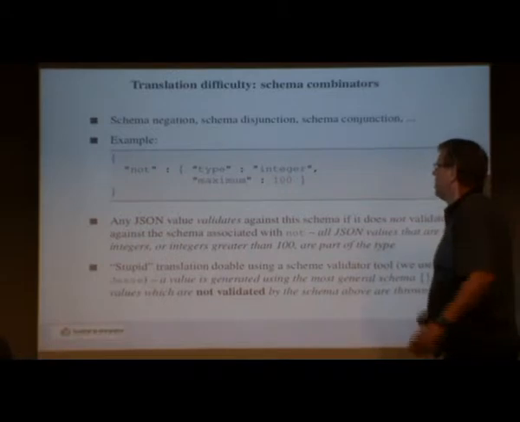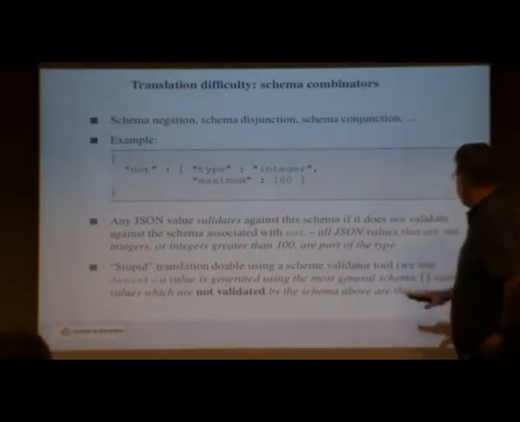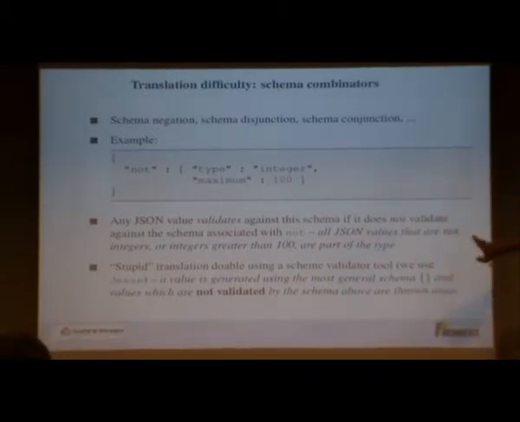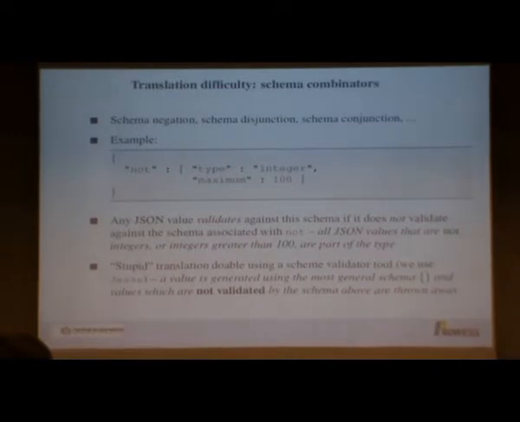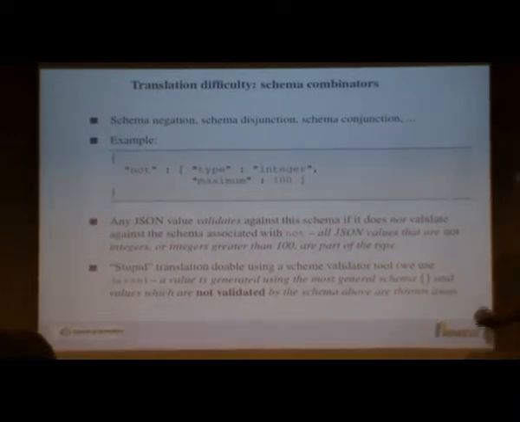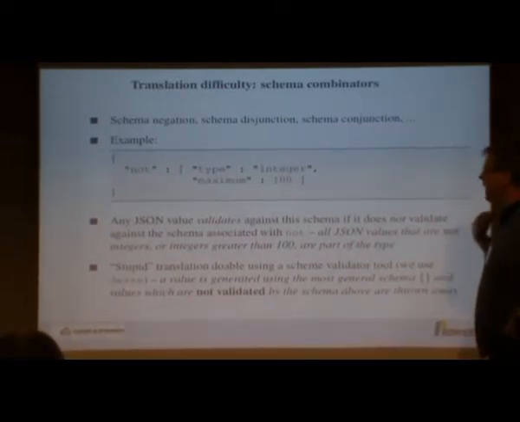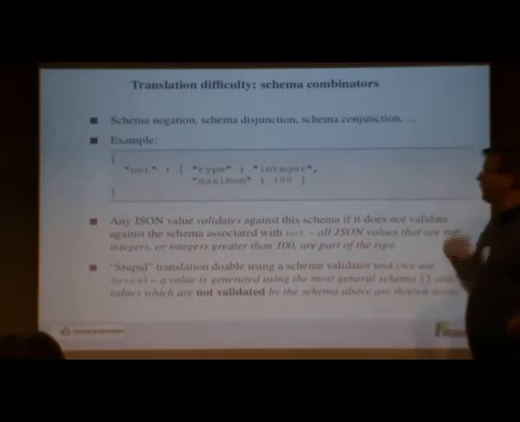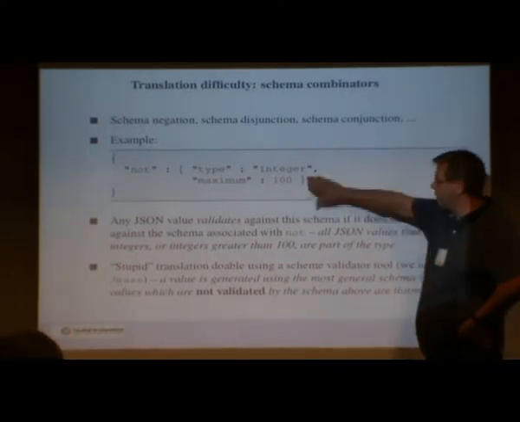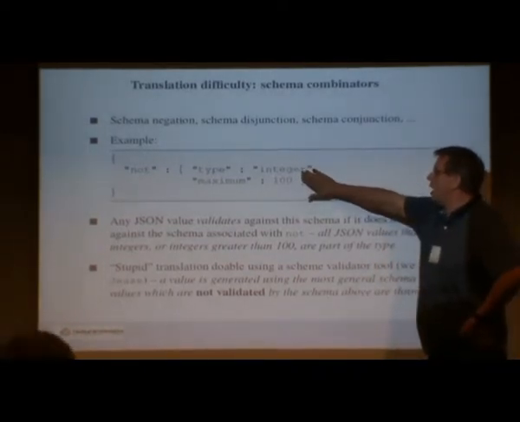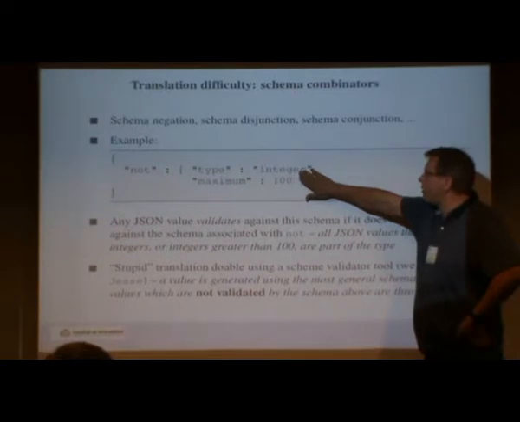Okay, let's do it. So the stupid idea is to generate data using the most general schema available, which is the left brace, right brace. This matches any value. Let's then check the values we generate, and let's throw away values that are not validated, that don't conform to this type.